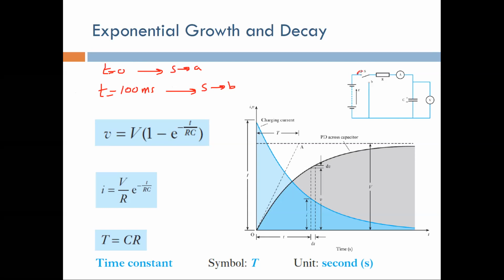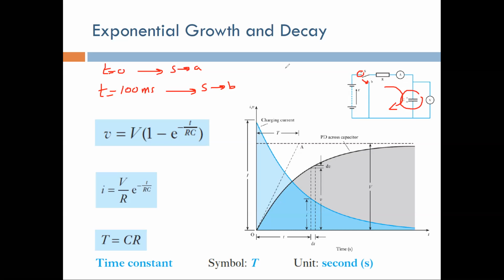When you are in the first position, you're charging the capacitor. And at 100 milliseconds, whatever the voltage here is going to be what's driving the current after you switch to the other position.